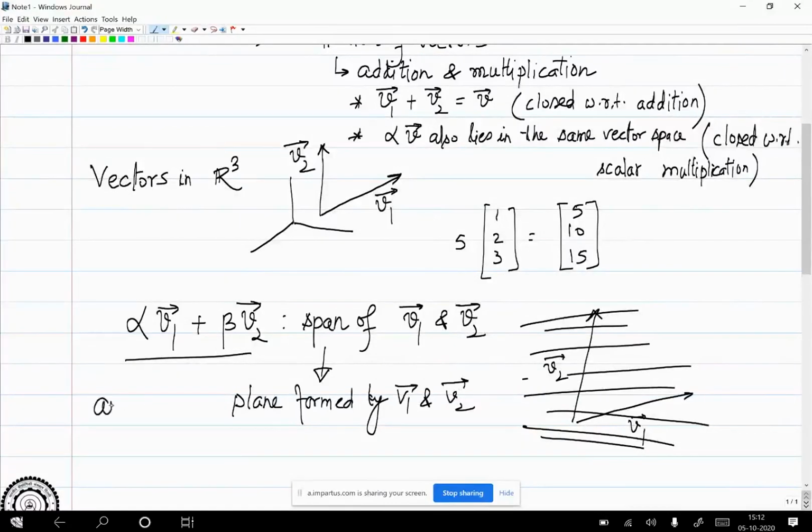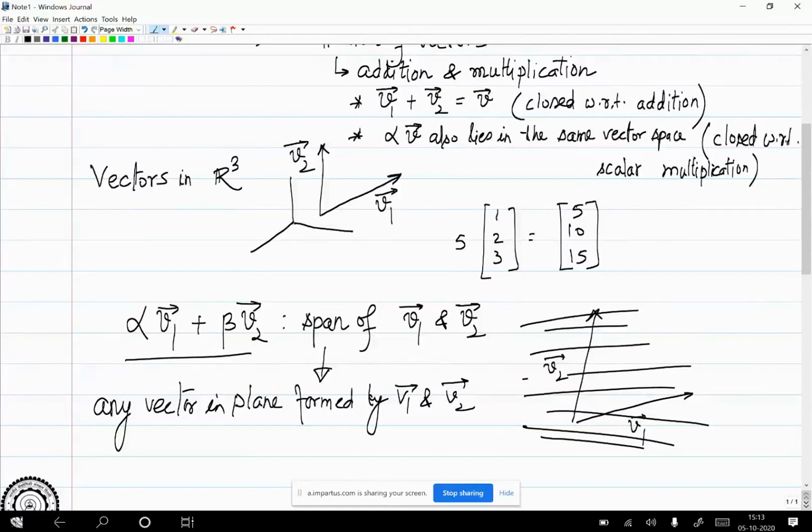So basically any vector in the plane formed by v1 and v2. And similarly for multiplication with scalars, when we say alpha times v, its span is what is called a one-dimensional space, which is any vector in the direction of v itself. That's the span. A single line.